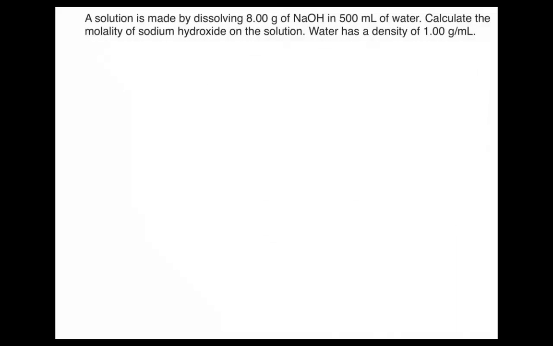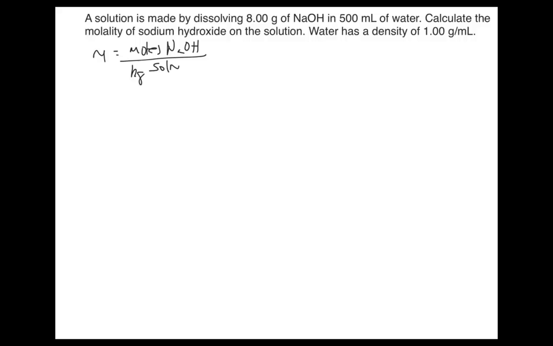So let's work this example of how to calculate the molality of a solution. This one is made by dissolving 8.0 grams of sodium hydroxide in 500 milliliters of water. So the molality is equal to the moles, in this case of sodium hydroxide, divided by the kilograms of the solution.